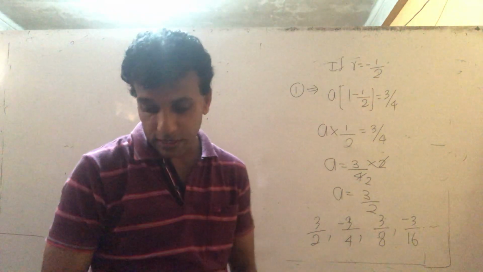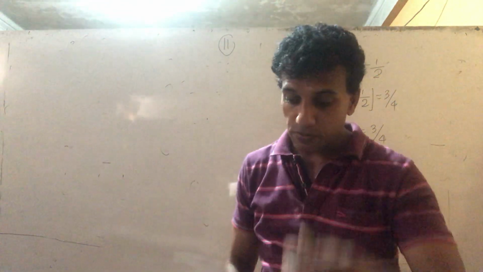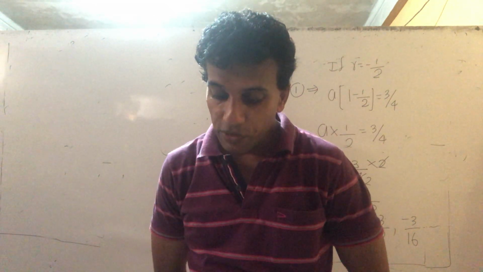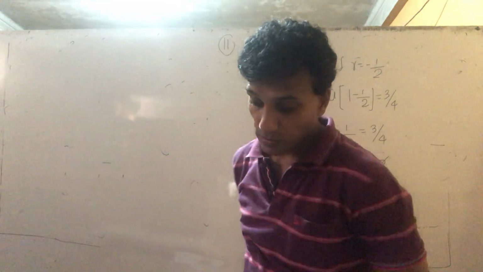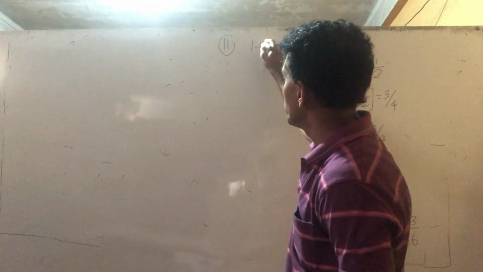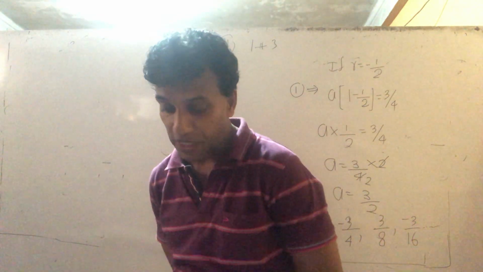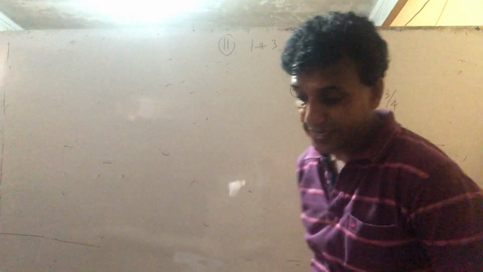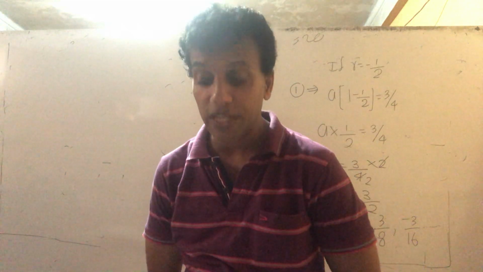So write this next, question number 11. The 11th problem is not in your book; it is a model question. Write this: the sum of the first term and the third term of a GP is 20.